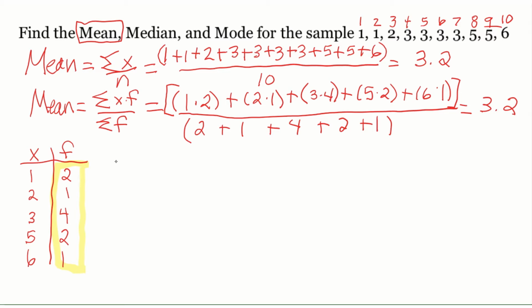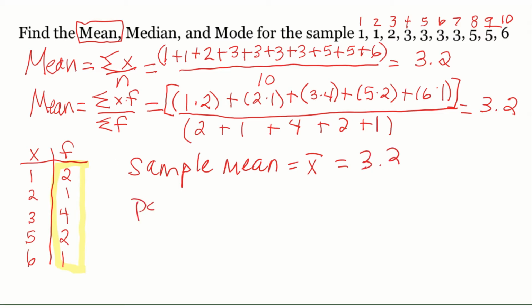The mean, if you have a sample mean, the notation is going to be x bar. And if you have a population mean, the notation is going to be the Greek letter mu.